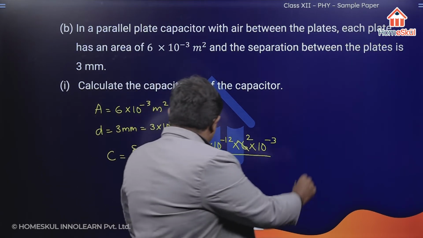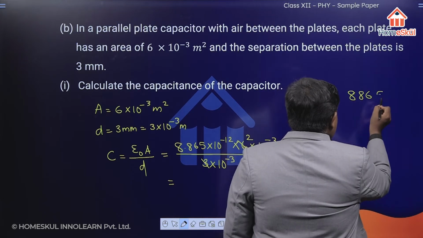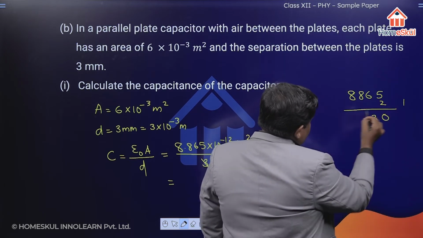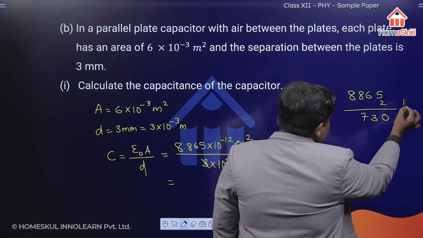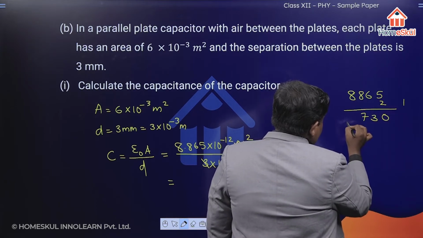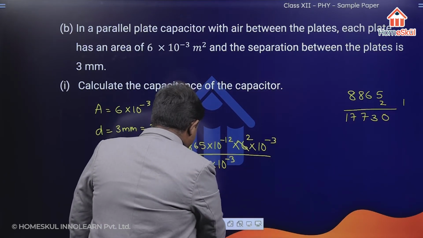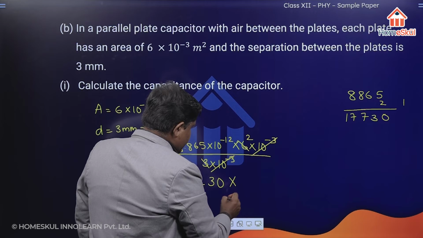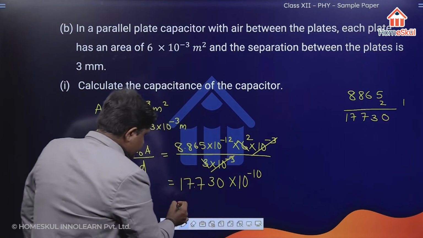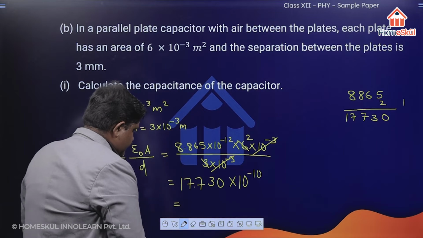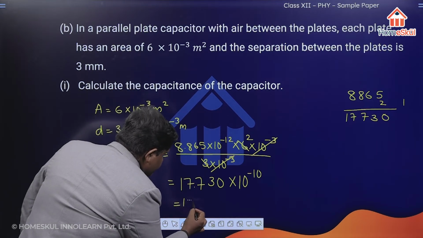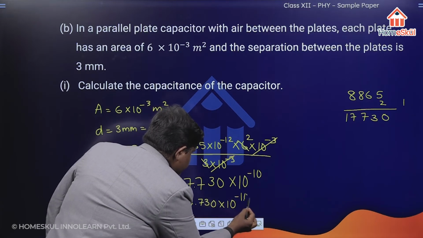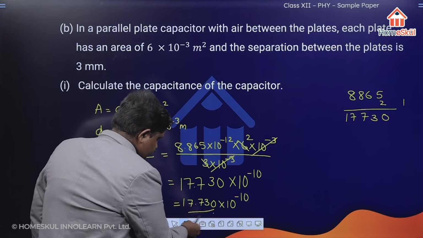While calculating this one, we get 8.865 into 2, that is 17.730, into 10 raised to minus 12 divided by 10 raised to minus 3, we get 10 raised to minus 9, so the value is 17.730 into 10 raised to minus 10.